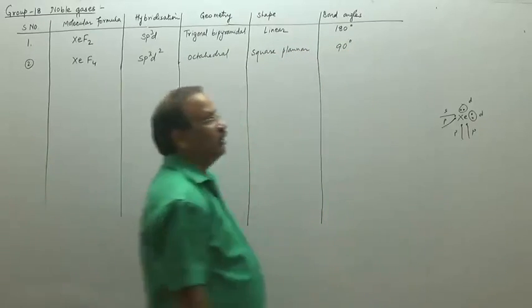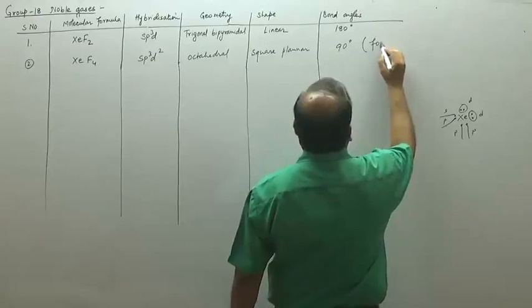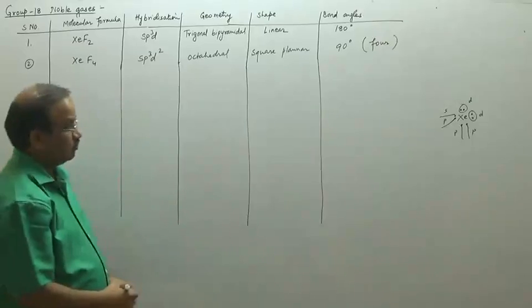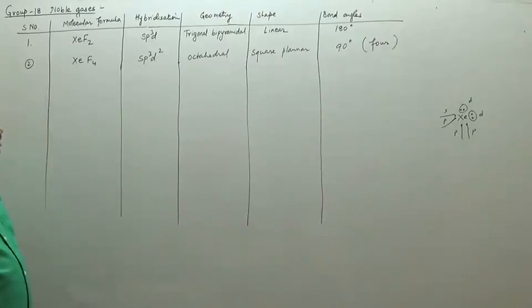There are 4 bond angles of 90 degrees. The lone pairs will be placed on the top and the bottom positions.